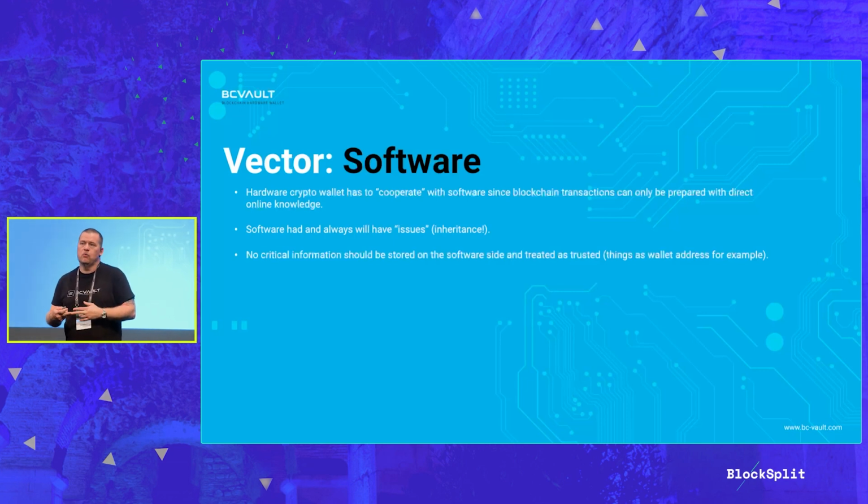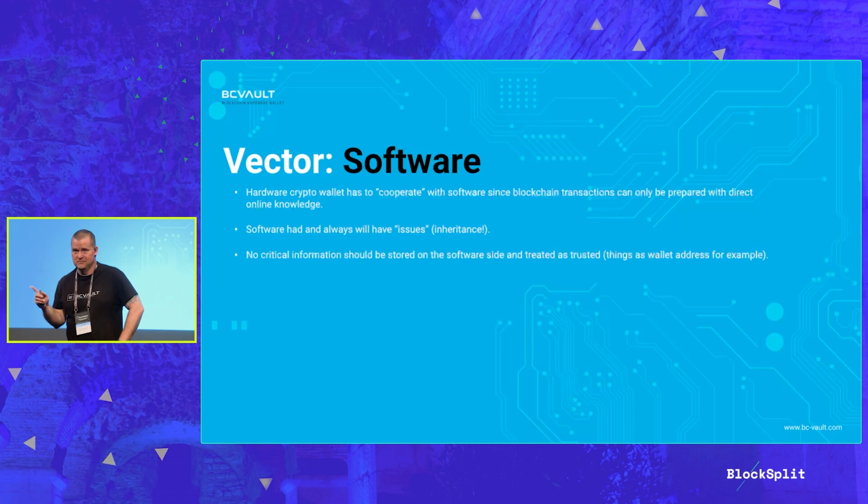Some people might say, well, why don't you cache the wallet addresses in the software application for the user? Well, because some hacker might be smart and say, oh, well, they are caching the address. Oh, I'm going to change it. I'm just going to change the address the user sees in the application. That's why you don't do that.